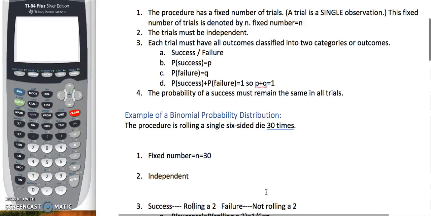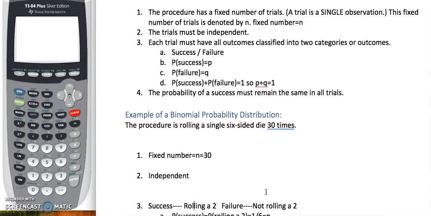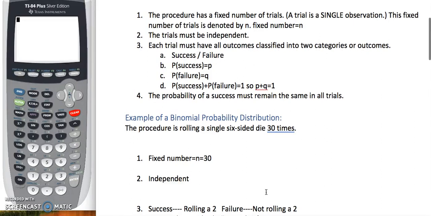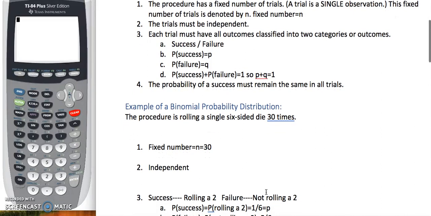So let's discuss the probability of success. If I call my success rolling a 2, then the probability of rolling a 2, well, I have 1 two out of 6 different options. So my probability of success, which I would denote with a lowercase p, is 1 out of 6. What about my probability of failure?